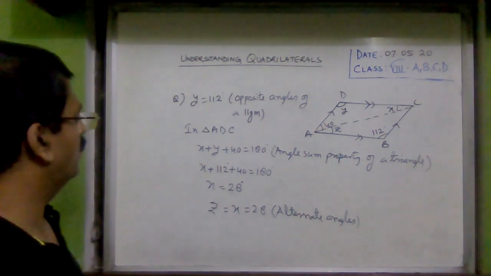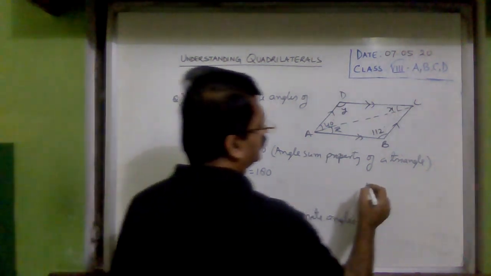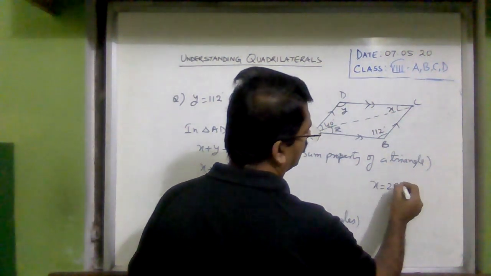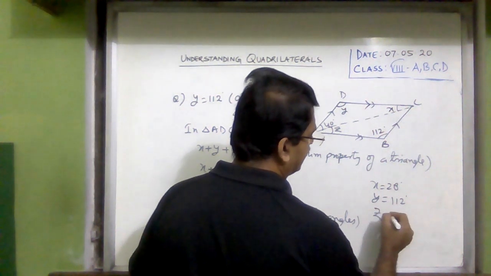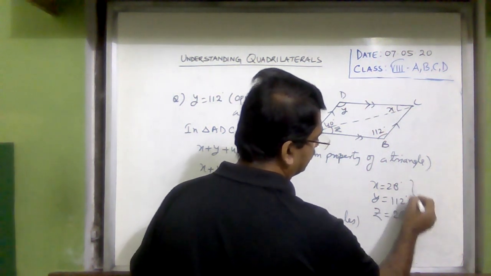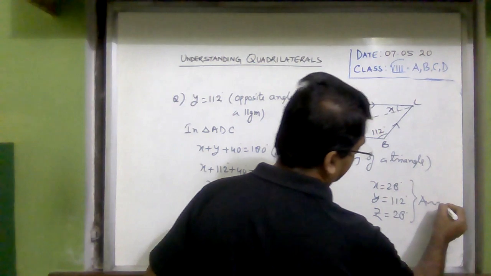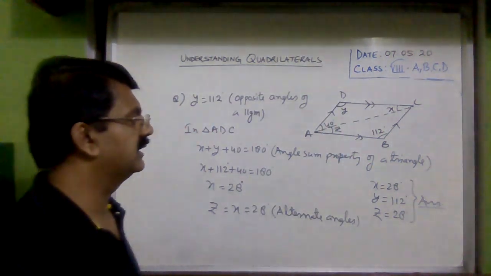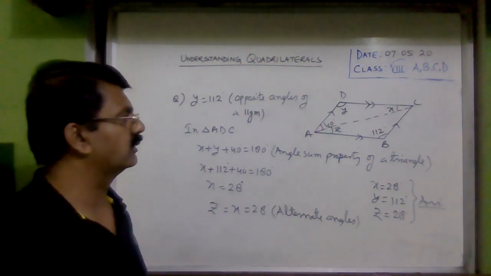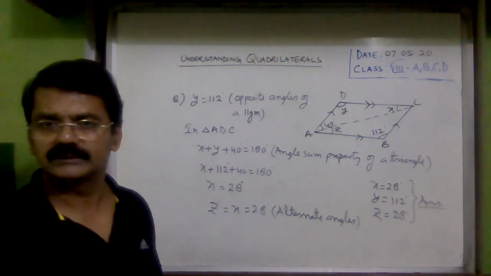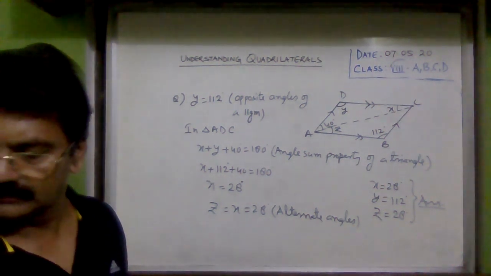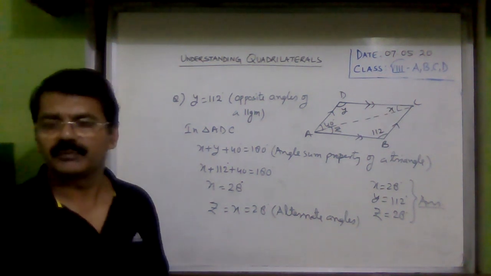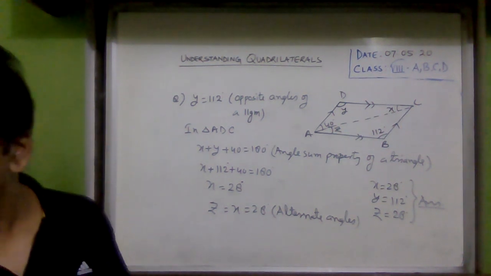That means we have found that X is equal to 28 degrees, Y is equal to 112 degrees, and Z is equal to 28 degrees again. That is your answer. X 28, Y 112, and Z 28. Okay, clear? Okay, so we'll do the next question.